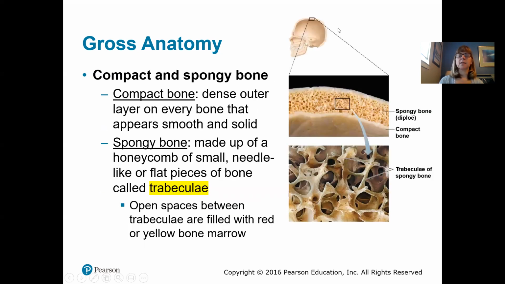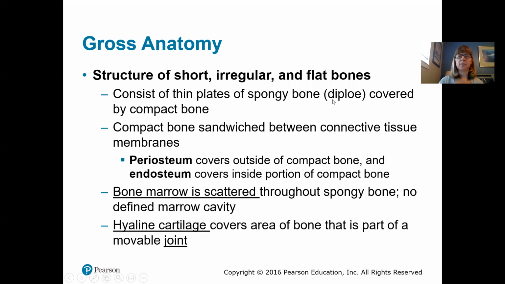So when you look at the skull, for instance, that's what you're going to see: this outer layer with spongy bone in between. That's typical for most of your bones. Okay, so that's going to be the makeup of those three types, the short, irregular, and flat bones. And what you also have is the periosteum and endosteum.